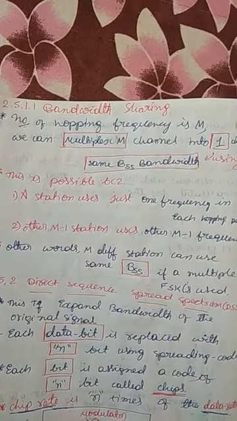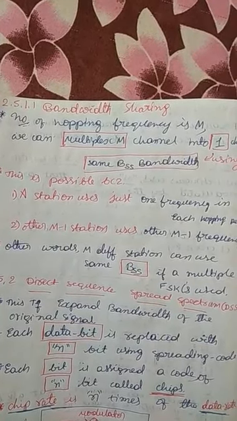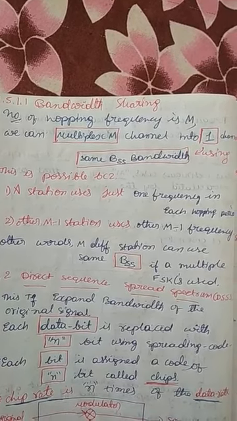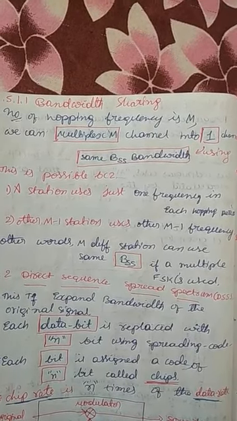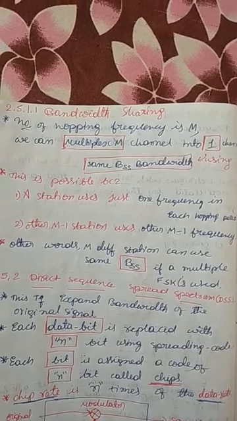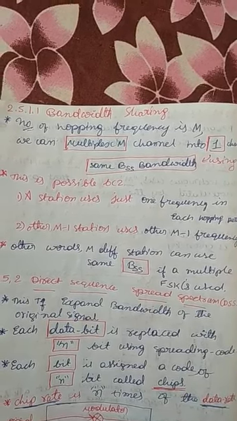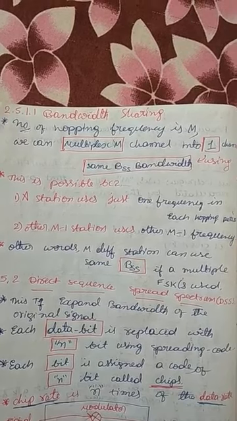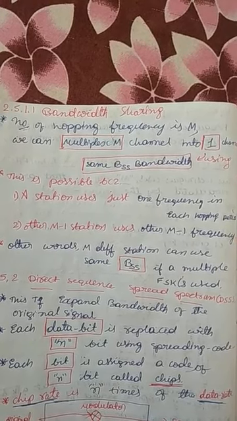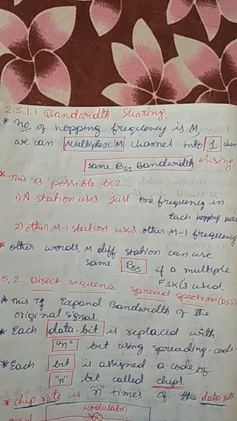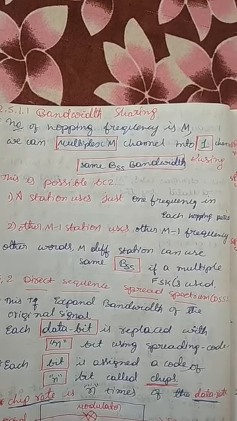Next, what is the bandwidth sharing of FHSS? Here you can see the explanation. The number of hopping frequencies is m. We can multiplex m signals into one channel.